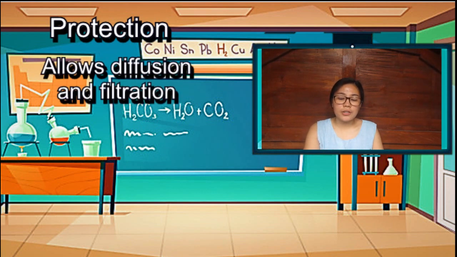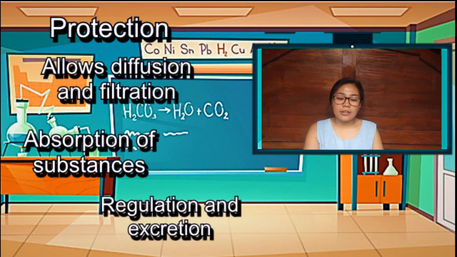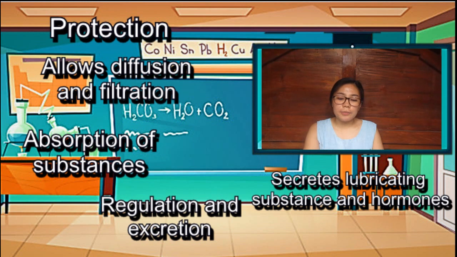These allow diffusion and filtration, absorption of substances in the digestive tract lining with distinct modifications, regulation and excretion of chemicals between the underlying tissues and the body cavity, and secrete lubricating substance as well as hormones into the blood vascular system. The secretion of sweat, mucus, enzymes, and other products that are delivered by ducts come from the glandular epithelium.